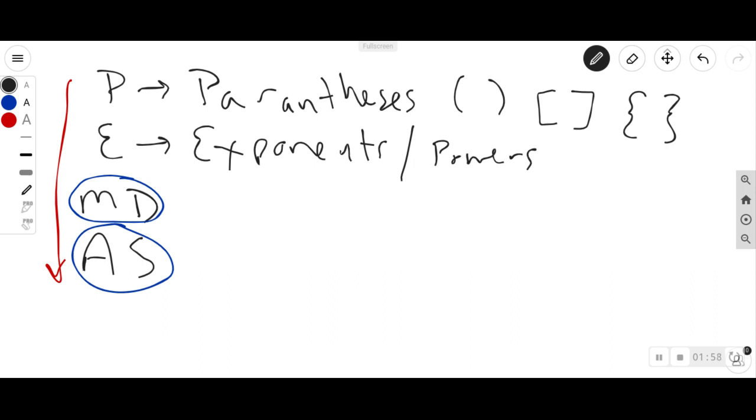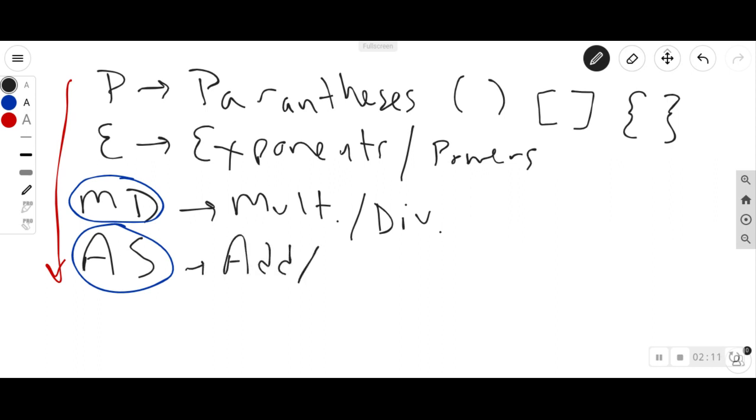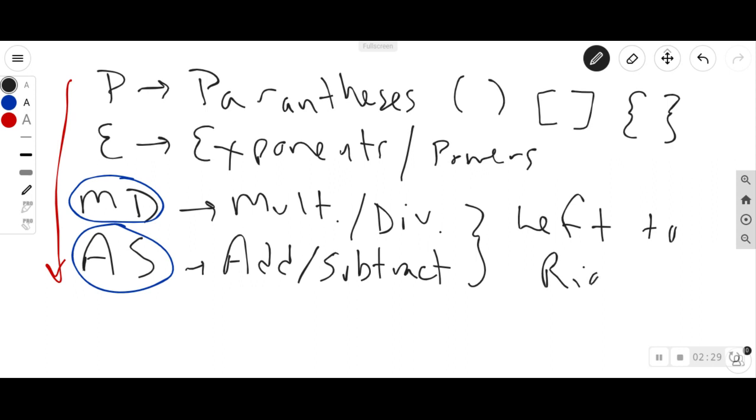Now, MD and AS are a little bit unusual. MD stands for multiply and divide. AS is add and subtract. Now, the reason I circled them is we always do these in order from left to right.